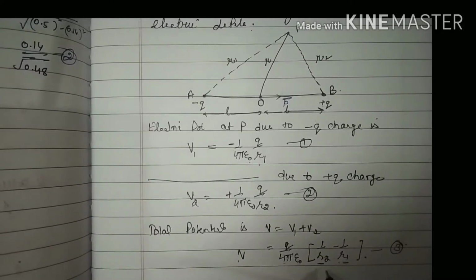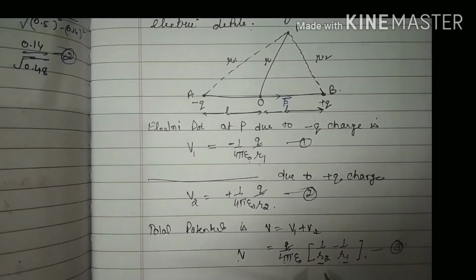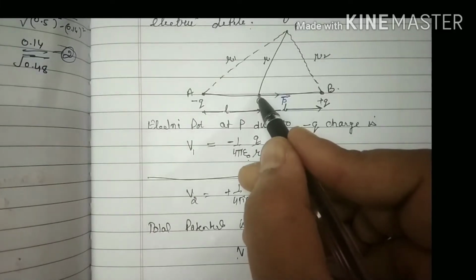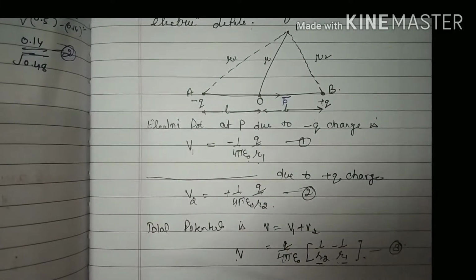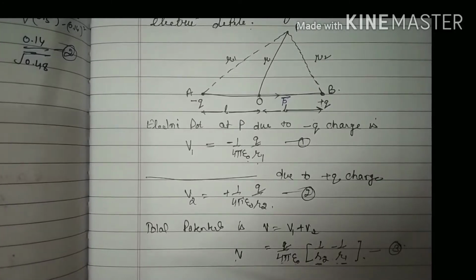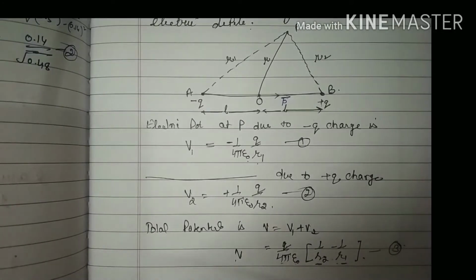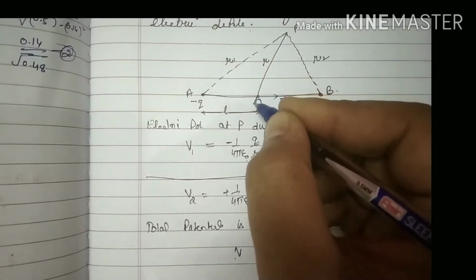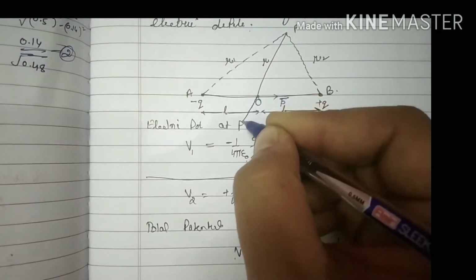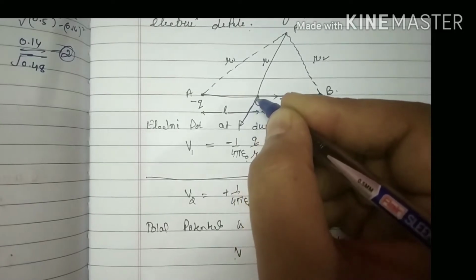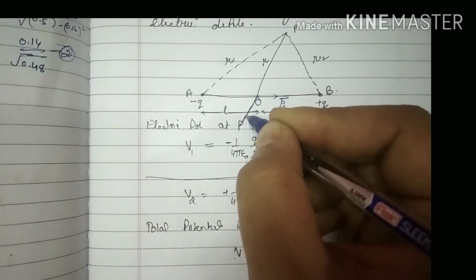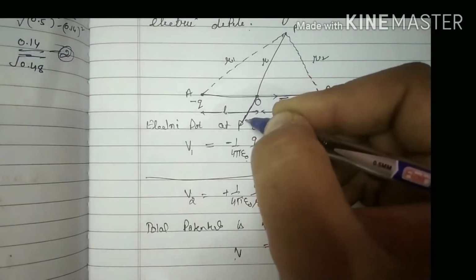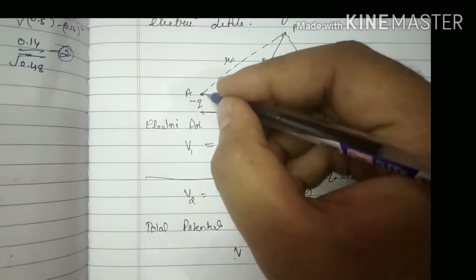So for that, we will produce OP backwards. Here space is less, I forgot to leave space, but we will produce OP backward, and we will draw a perpendicular.